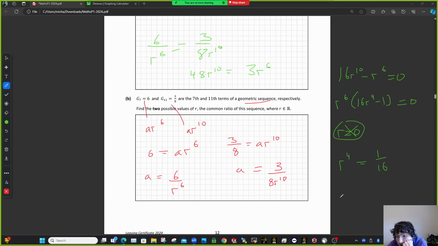Then you take the fourth root of both sides, but you should be careful because it can be plus or minus 1 over 16 to the power of a quarter. And so the answers are plus and minus a half. A lot of people wouldn't have realized the plus and minus, because minus a half also gives a solution to this. Cool.